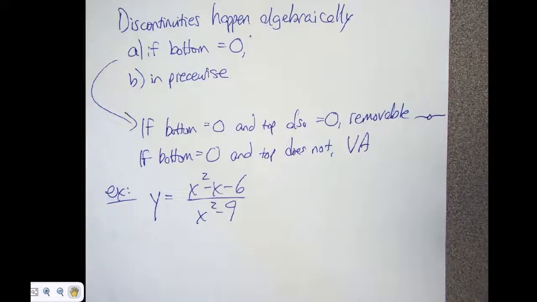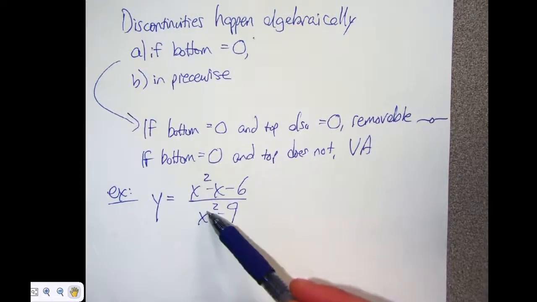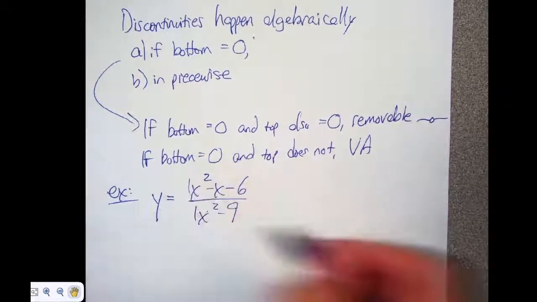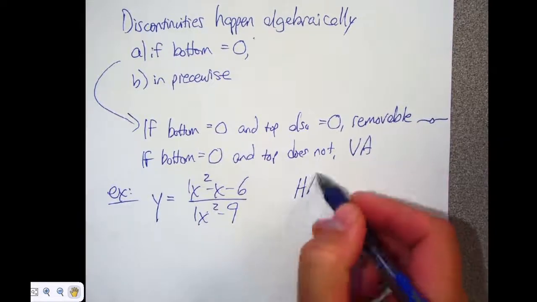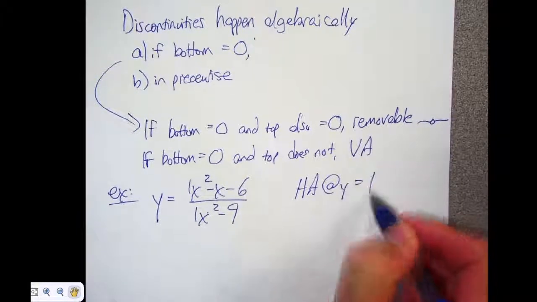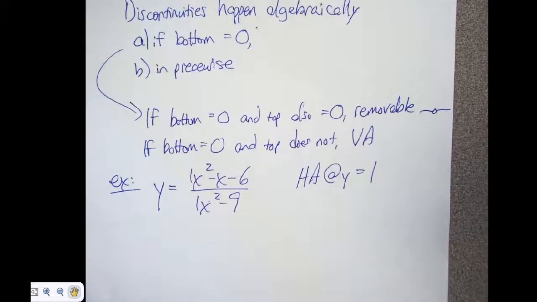They're equal, right? So what's your horizontal asymptote? One is not an asymptote. Y equals 1. For horizontal asymptotes, you look for the higher power. Higher power is tied, then you go to the coefficients, 1 over 1. So there would be a horizontal asymptote here at y equals 1.